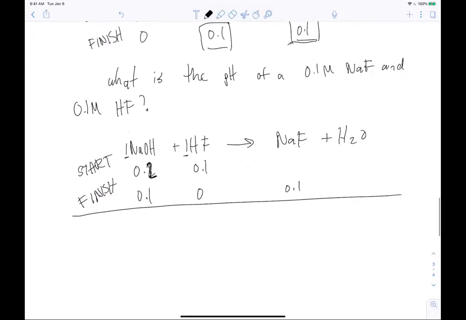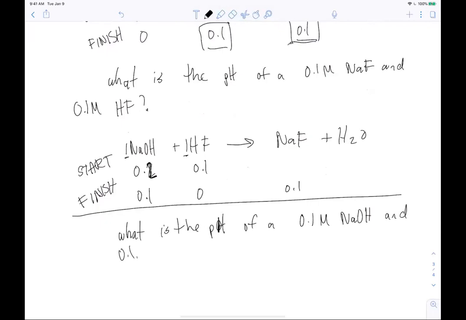So now the problem becomes, what is the pH of a 0.1 molar sodium hydroxide solution that also has 0.1 molar sodium fluoride?